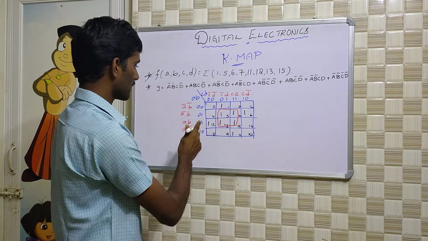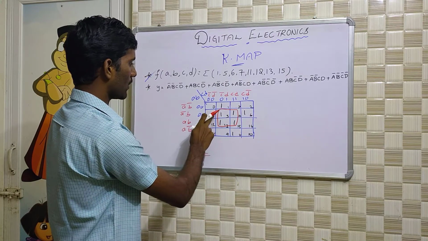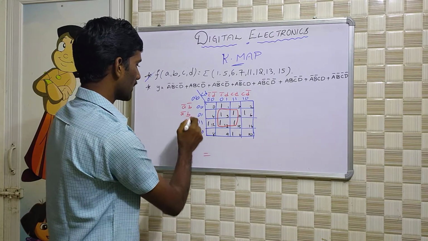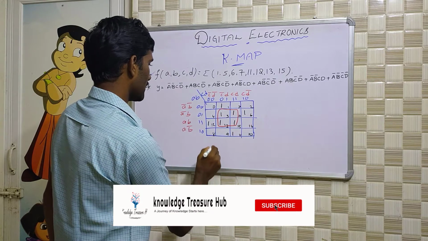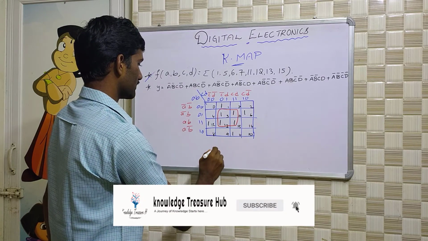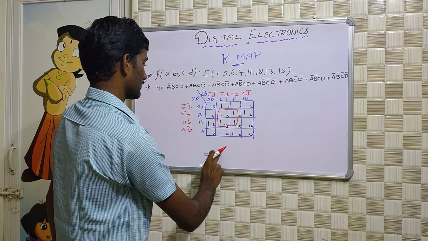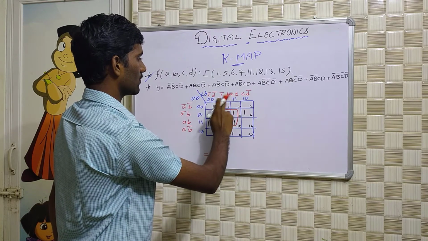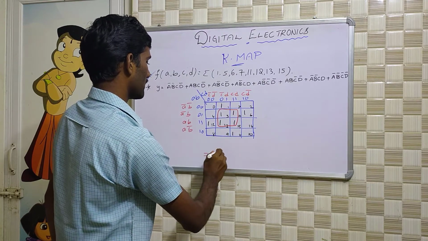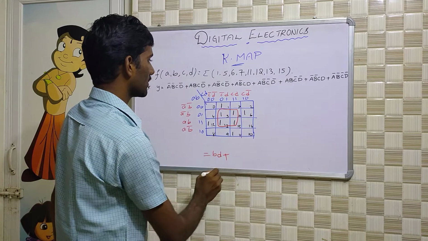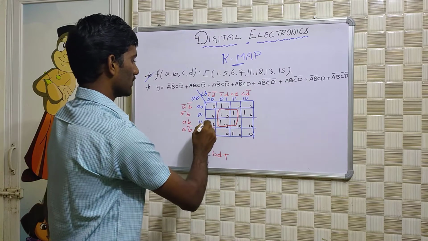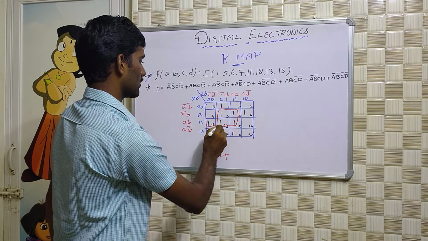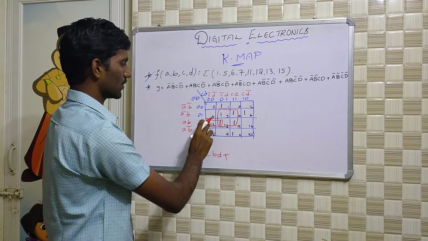For this, we can write what are the common terms in these two. So B is common. Similarly, in these two, D is common. So BD. The next one is these two. We can map these two.